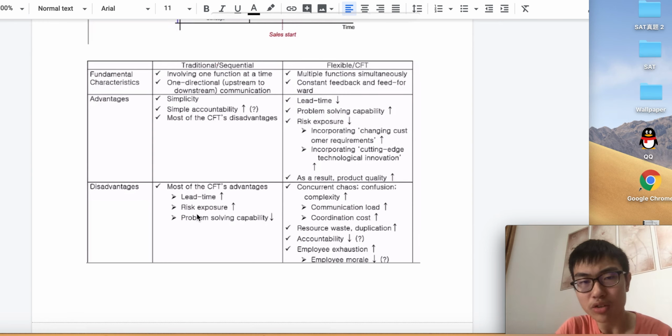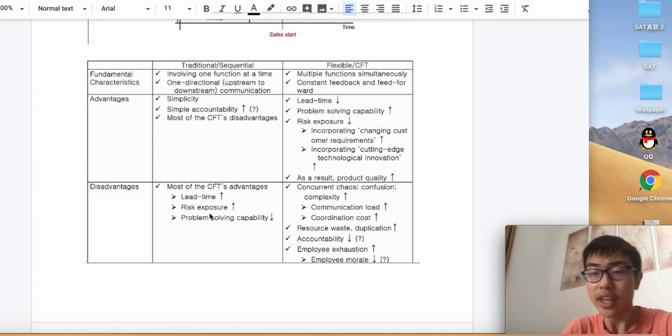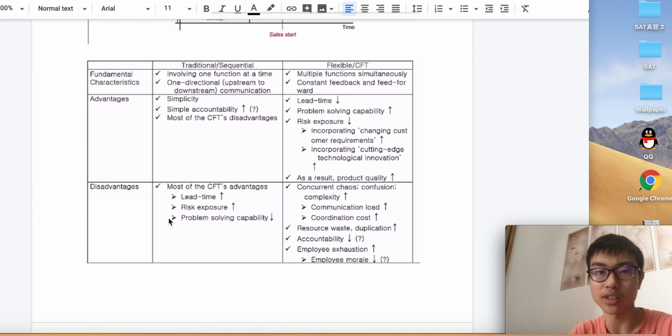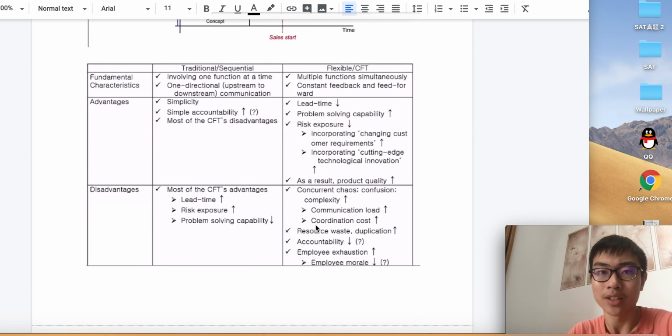It is because the traditional approach has a main disadvantage, that is problem solving capability and risk exposure. In the list here, it's just a few words, but actually they cost more than this kind of smaller list I listed in the flexible approach, because when there's higher risk exposure, it can be really dangerous depending on the situation.